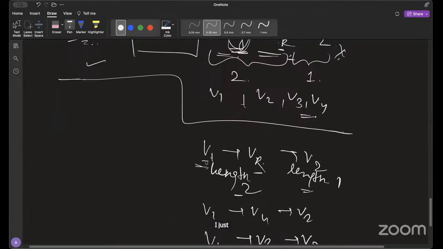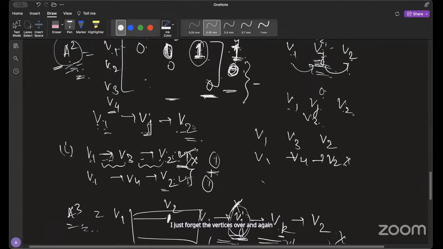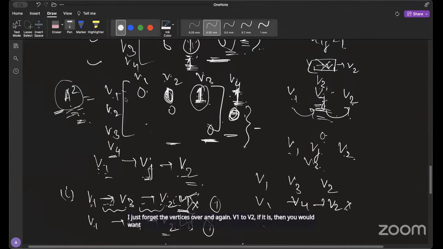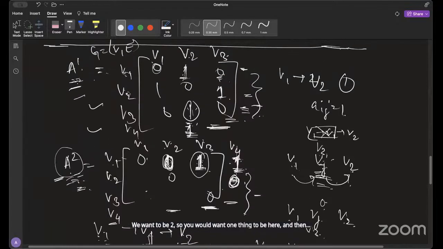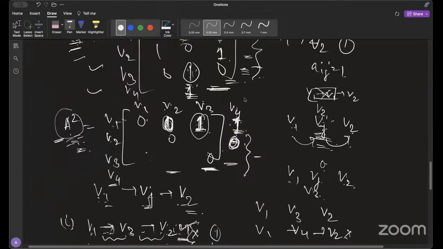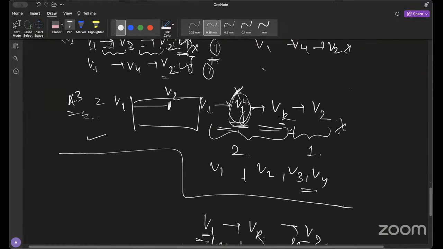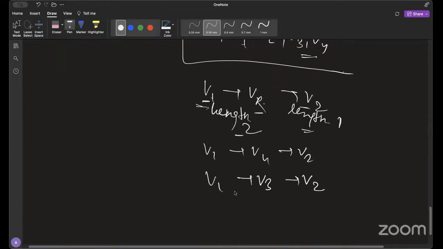I just forget the vertices over and again. V1 to v2, if it is, then you would want v1 to v2. So you would want one thing to be here. And then v2 to v4, one thing to be here. This one we've already done, right?